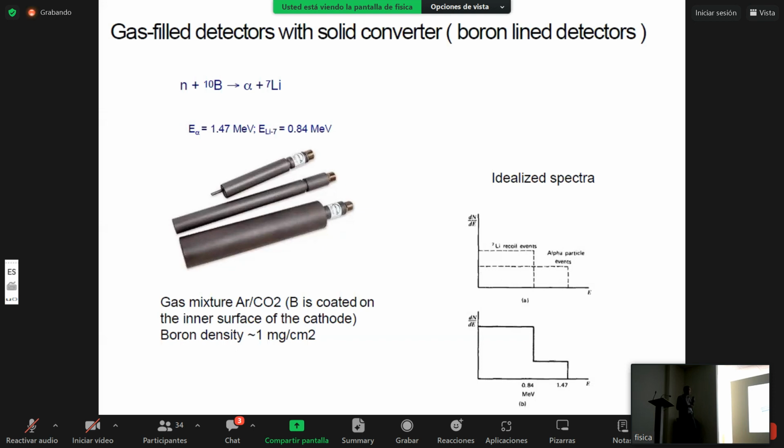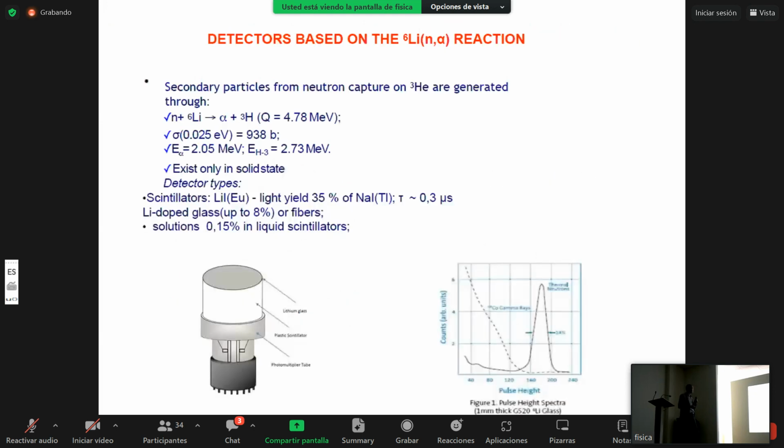You will always get only 1.747 or 0.84 MeV in this case, and you'll get this idealized picture of your energy spectrum of neutrons, the response function of your detector.